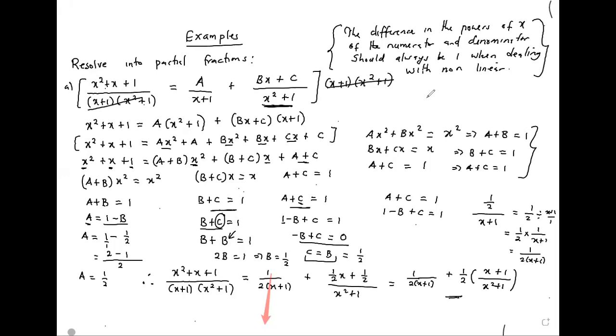Someone asked, why did it work in the second question that we did? Because there we had x squared, and yet we only put b on top. This x here was treated as a repeating linear because you have x squared. So it is a linear that is repeating.